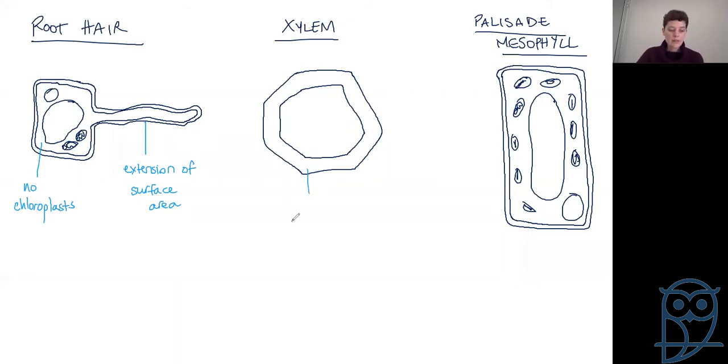Our xylem has a very thick cell wall and waterproof. So there's a substance called lignin that's involved in deposition here. Okay? So if we have a very thick waterproof cell wall, we have a dead cell with no organelles. Purely there for the transport of water.